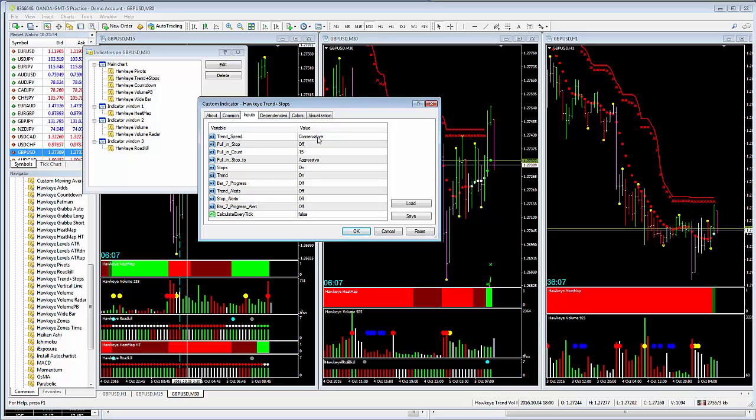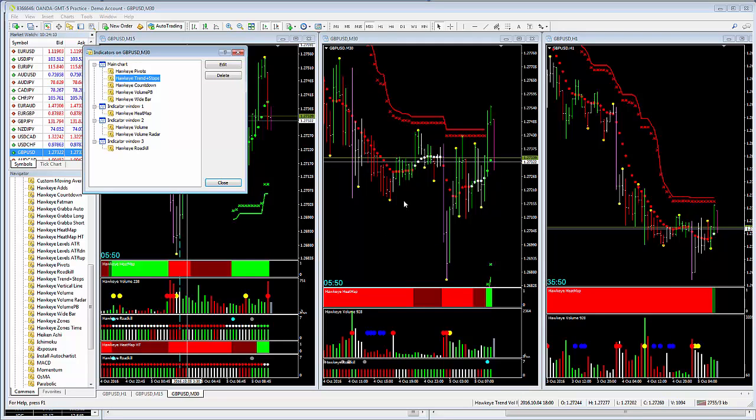There are 3 different trend speeds available: conservative, normal, and aggressive. So you can go look at each one of these, and depending upon your risk tolerance, you set that up according to your own style. But it will cause the trend dots to change color either faster or slower based upon your preference.